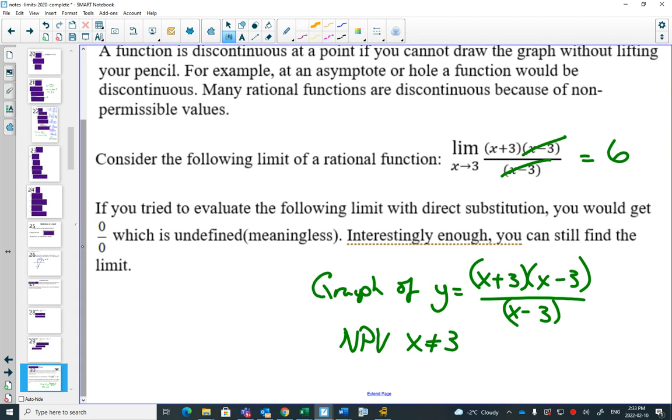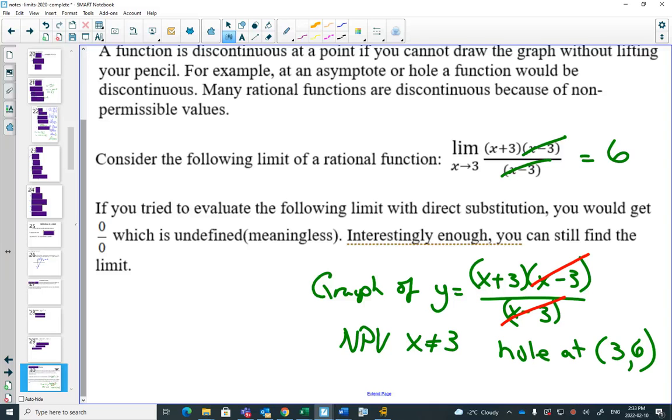And because these factors simplify, that tells us that we will have a hole at 3 comma, and once they simplify, you could plug in 3 comma 6. So that's where the hole is related to the limit.